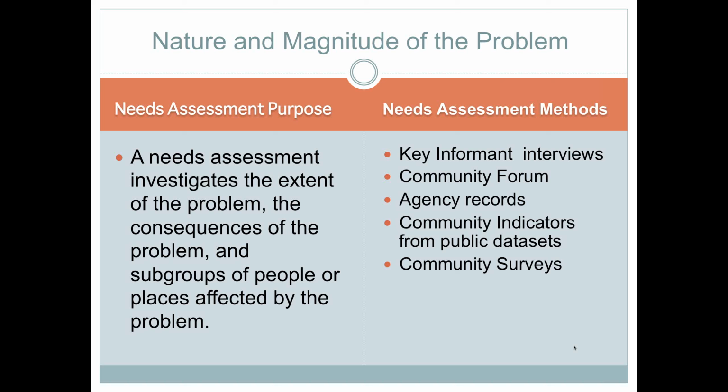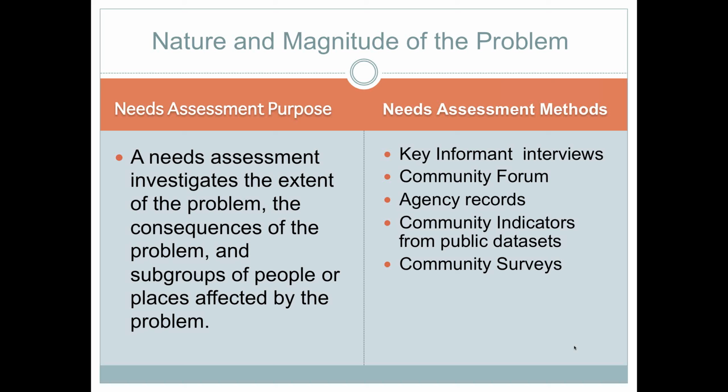In needs assessment, we're looking at how big is the problem, what are the consequences of the problem, and are subgroups of people or different locales differentially affected by the problem. So we're getting a picture of how big the problem is and variation by people or place.